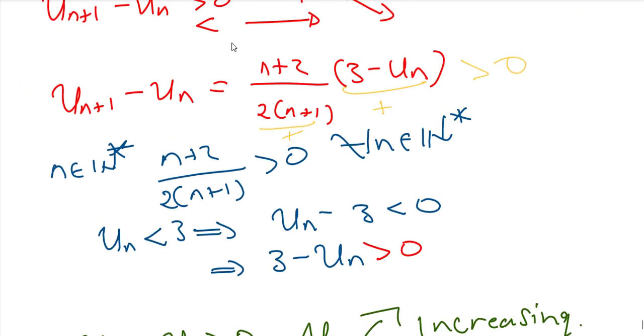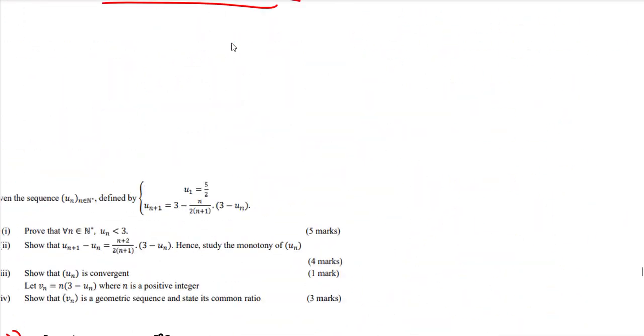Okay, let's take Roman 4. Now what do we have? Okay, so it means we have our Vn is n into 3 minus un. Hope we are not mistaking anything.